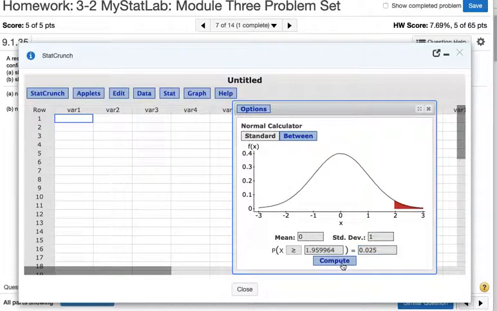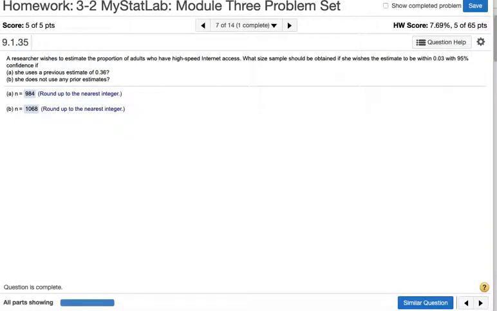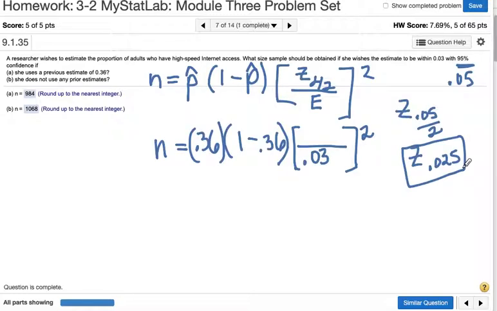And then I come up with 1.959. So if I round this off to 3 decimal places, 1.960 would be my value for z.